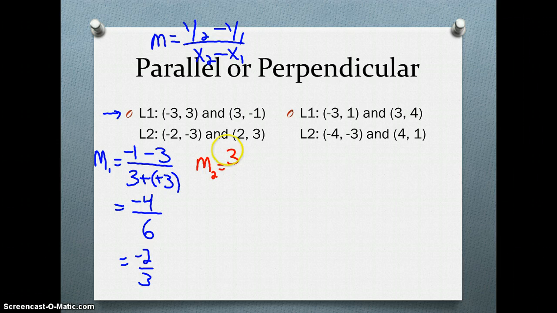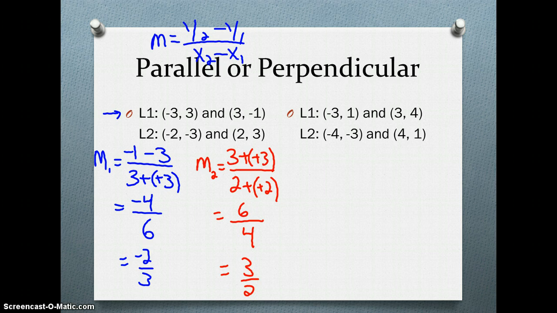So this is M2 because it's for line 2. Here I have 3 minus negative 3 over 2 minus negative 2. 3 minus negative 3, it becomes plus. There we get 6. 2 minus a negative 2 becomes 2 plus 2. I get 6 over 4, which simplifies to 3 over 2. Now, if we took negative 2/3 times 3 halves, we would get negative 1.